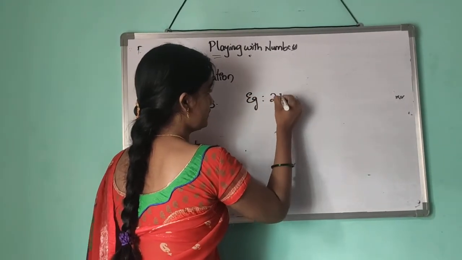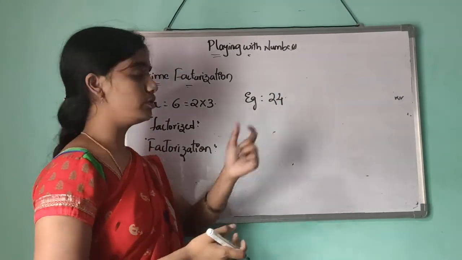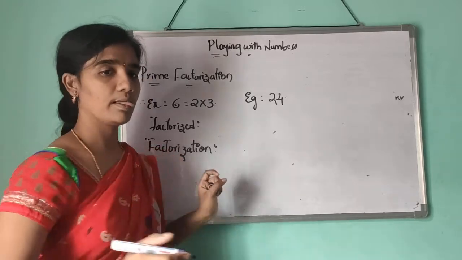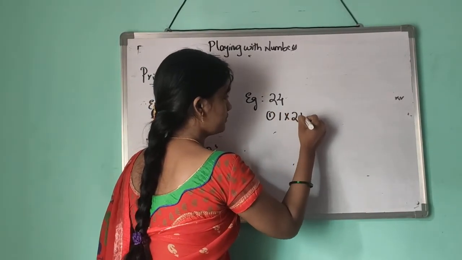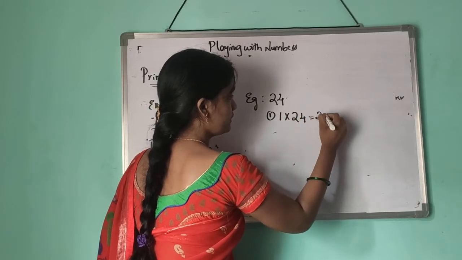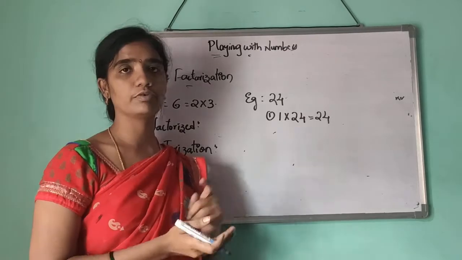Here I am taking 24. What are the factors of 24? First, 1 into 24 is equal to 24. So 1 and 24 are factors of 24.